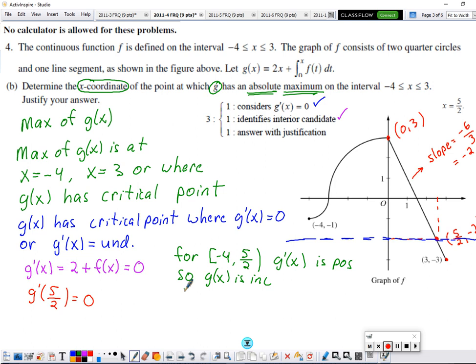Then I write for 5 halves until 3, G prime is negative, so G is decreasing.